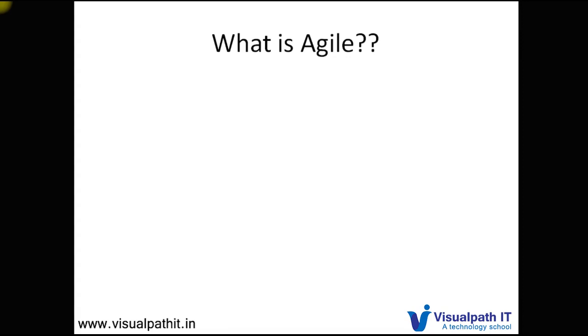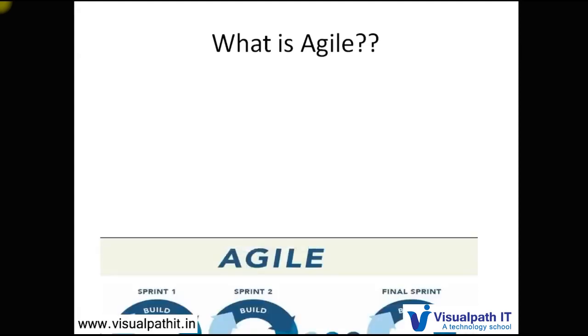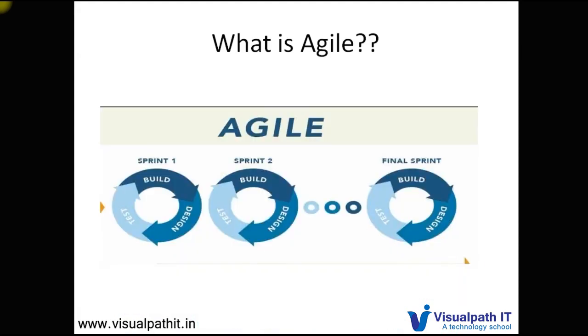What is Agile? If we go by the Oxford Dictionary, the term Agile means able to move quickly and easily. When we say Agile, what is the first thing that comes to mind? It is something called a sprint. As you can see in this picture, we have different sprints.